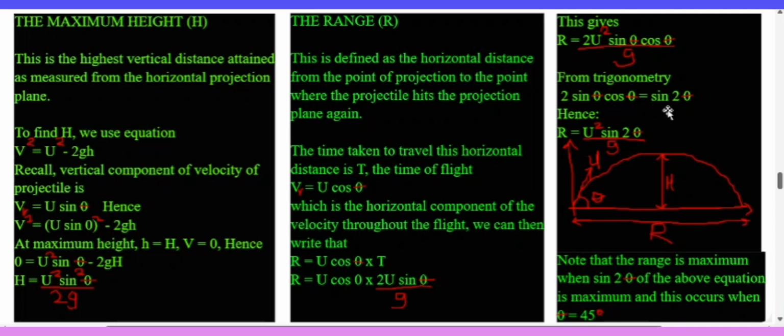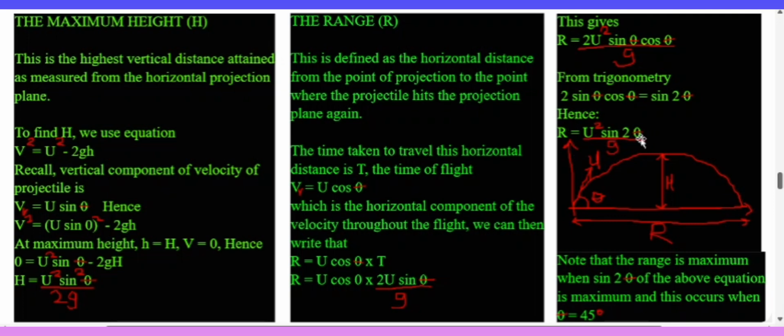So I can just rearrange this equation and write that R is equals to u squared, and I'm left with 2 sine theta cos theta, which from trig is sine 2 theta, all divided by g. So our R is equals to u squared sine 2 theta, all divided by g.